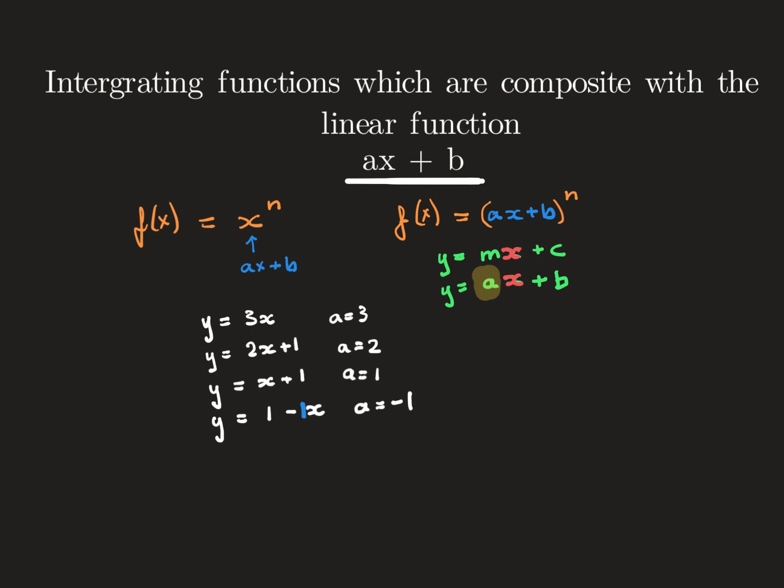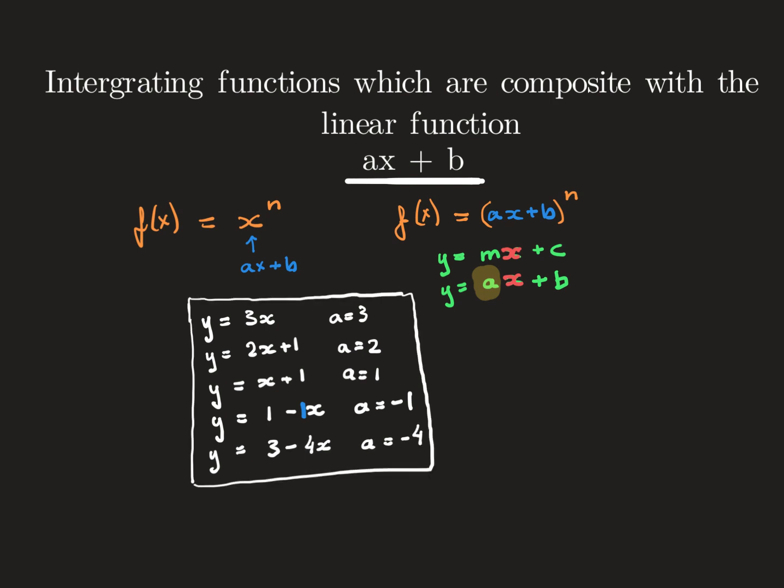That could be a bit tricky. So just one more example where possibly you might be tricked. Say I've got 3 minus 4x. In that case, as you can see, I'm sure you're not tricked by that, the a is going to be negative 4.